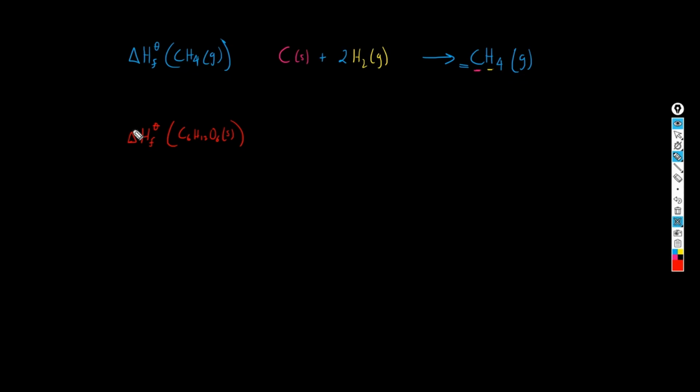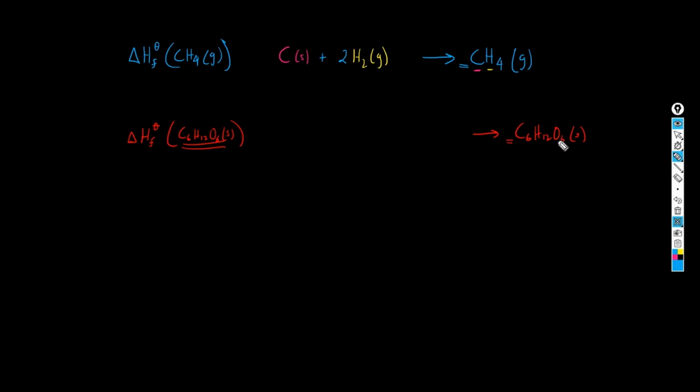So again, how do we start going about writing the equation for this? Well, we look at the compound we are doing the enthalpy change of formation for, that compound being glucose, C6H12O6. We're going to put just one of those with the appropriate state of matter. And again, this has to be 1, so this is not going to change.